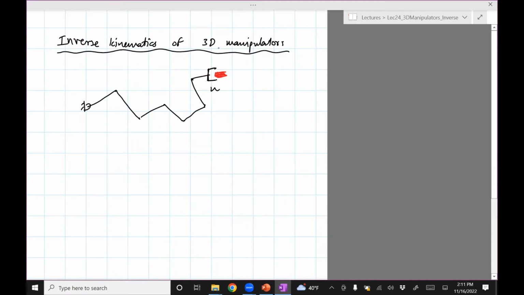So for the end effector position, we want to specify a reference for the X, Y, Z. But we also need to specify the orientation. In our convention, we have phi, theta, and psi.